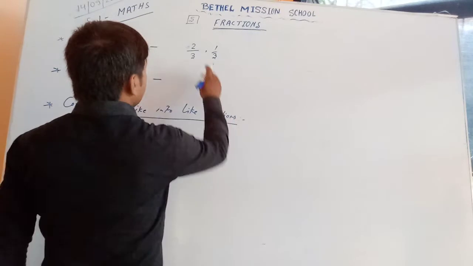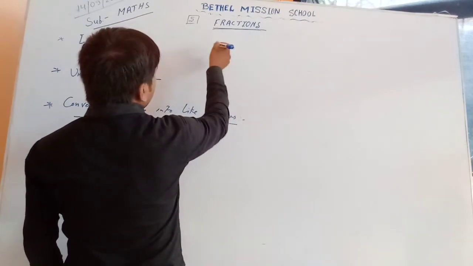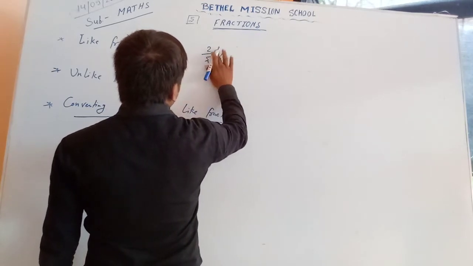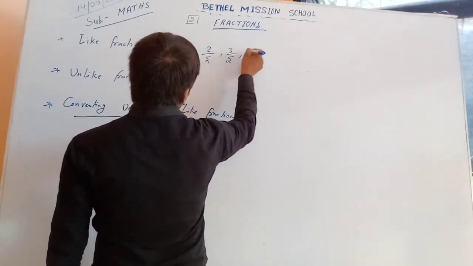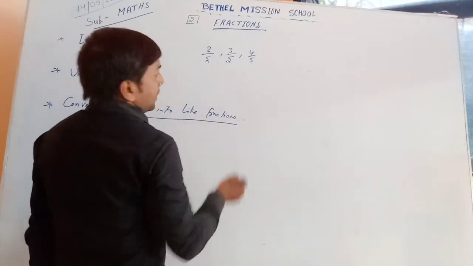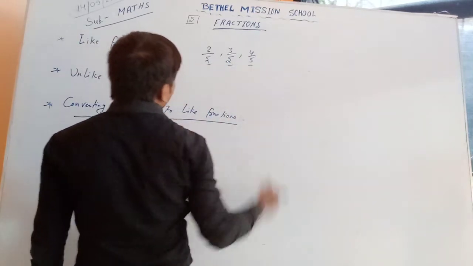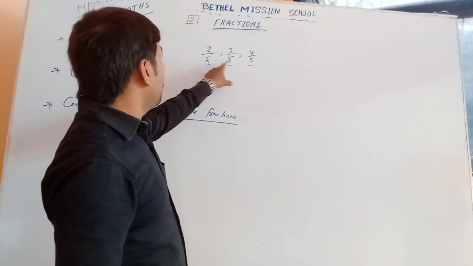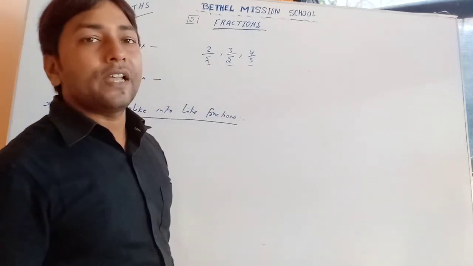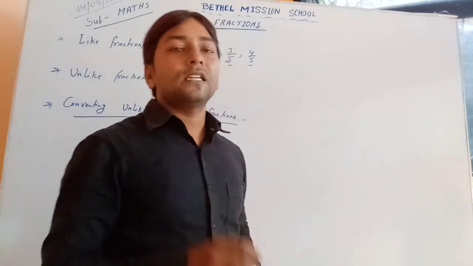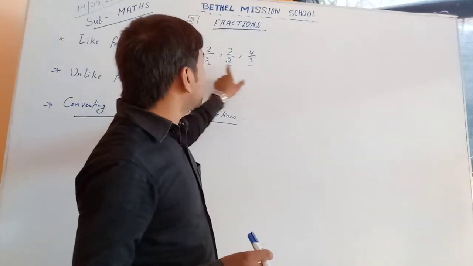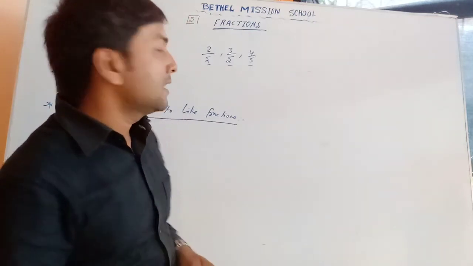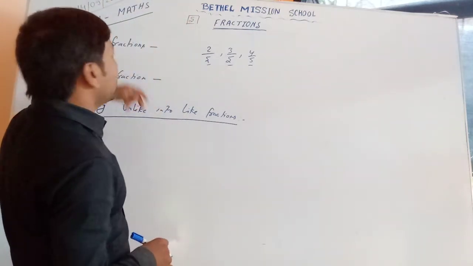For example, I am taking fractions like 2 upon 5, 3 upon 5 and 4 upon 5. The denominators of the fractions are the same, that's why all are said to be like fractions.